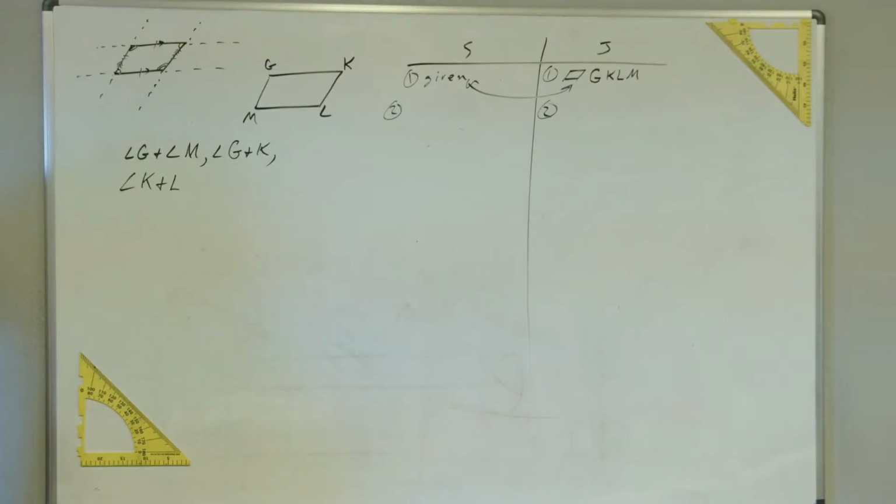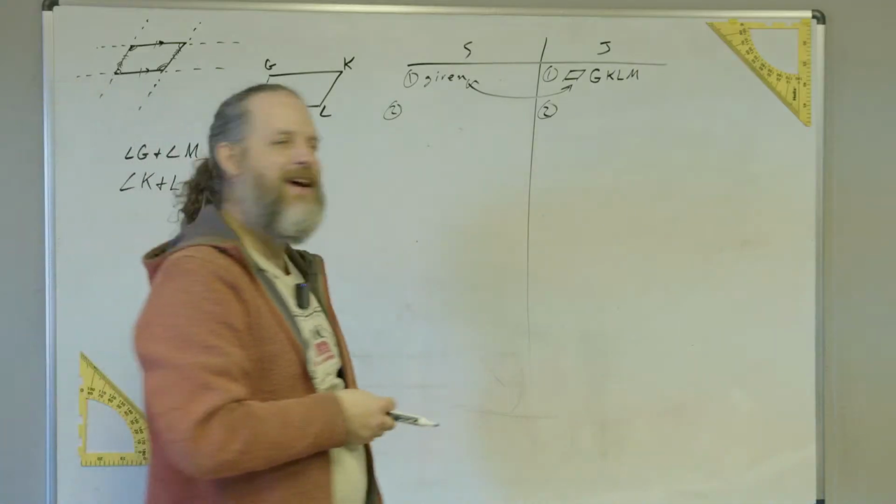We know that alternate interior and exterior are congruent. Luckily for us, we're trying to prove that things are supplementary. So before we can start saying that, we need to say that the lines are parallel, right? And then, yeah, exactly. Then we use that.